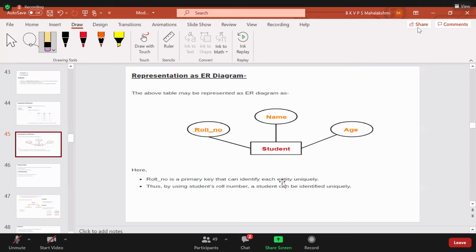Can anybody tell me, have you seen the difference among the attributes? Have you seen any difference? There is a difference. I have represented some attribute differently.